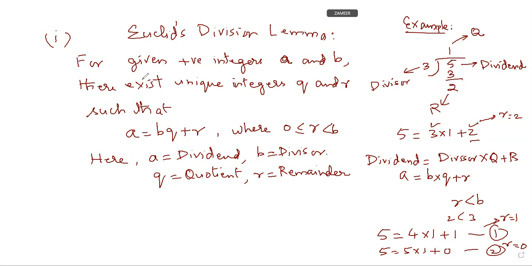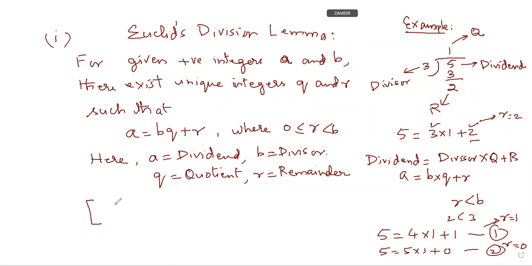But this is what we have seen, that this is for positive integers. We state this Euclid's division lemma for positive integers, but it can be extended for all integers. It is not necessary that it is only for positive integers, but in our course we are taking only positive integers. It can be negative integers, any integers.